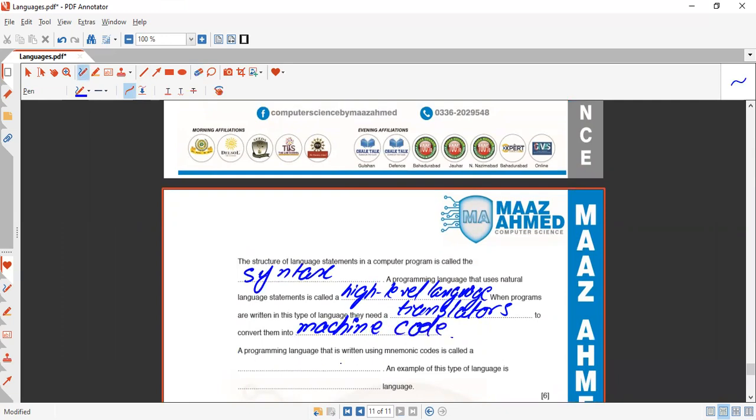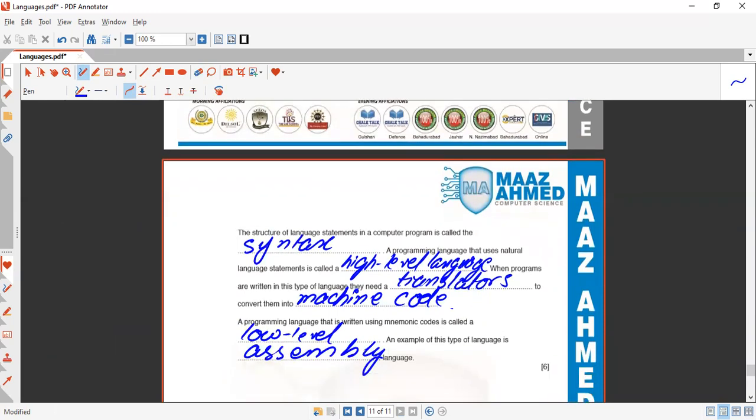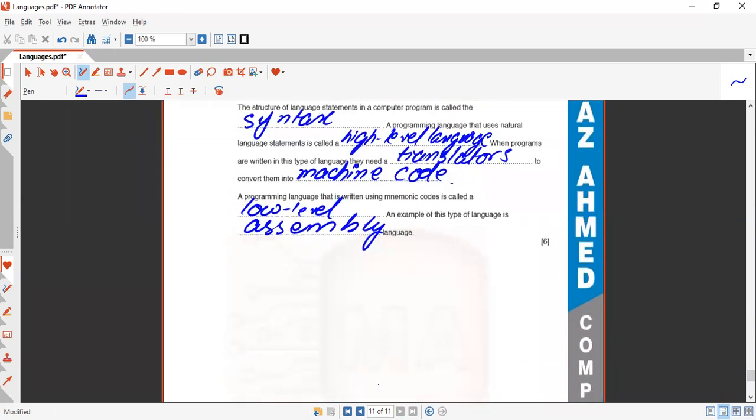A programming language that uses mnemonics is called low level language. An example of this type of language is assembly language. Fine now? Any issues here? No, sir.